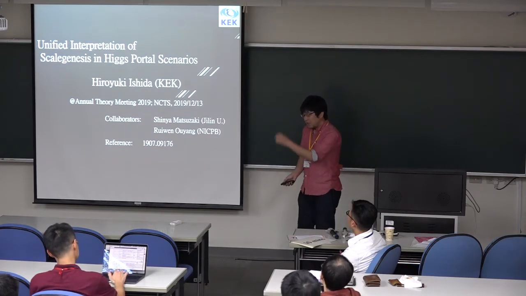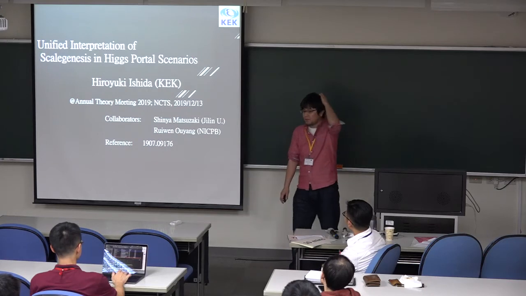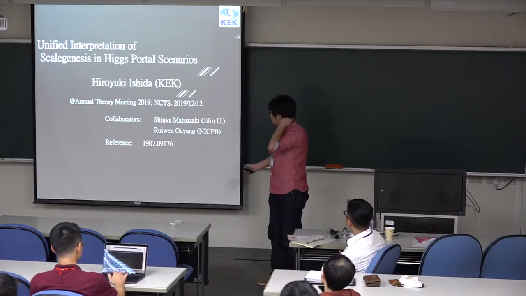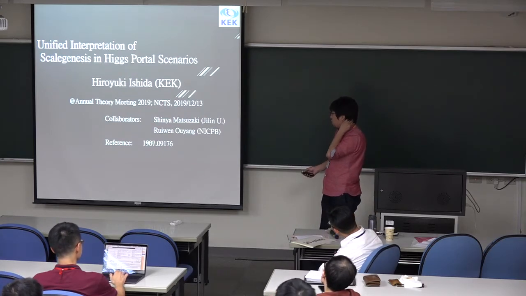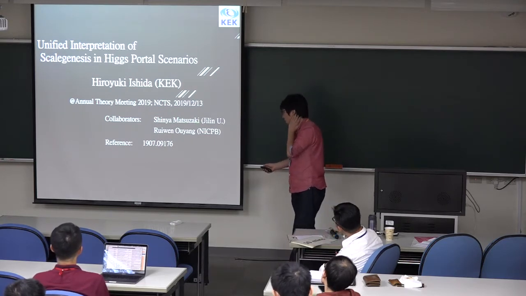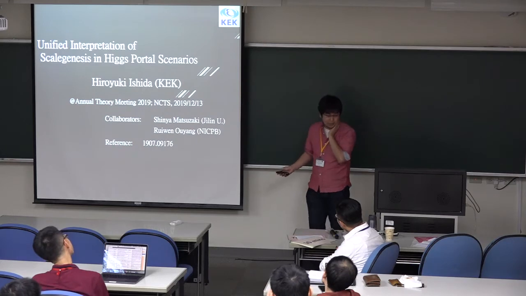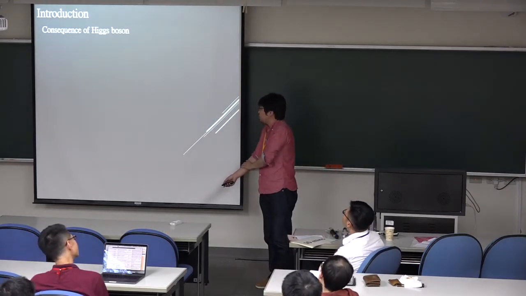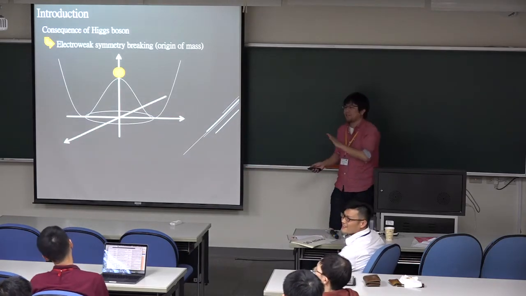I'm Hiroyuki Ishida from KEK, and I forgot to mention it. It's my great honor to be back here. This talk is related to work collaborated with Shinya Matsuzaki, who is now in China as a professor, and Raven, who is now in Estonia.